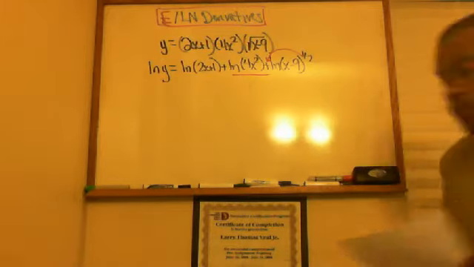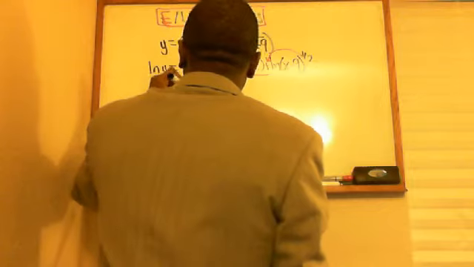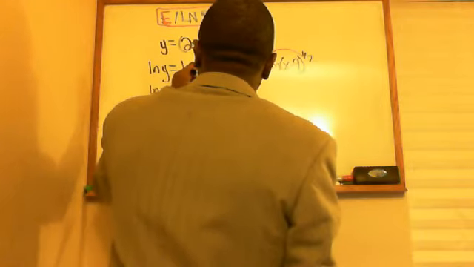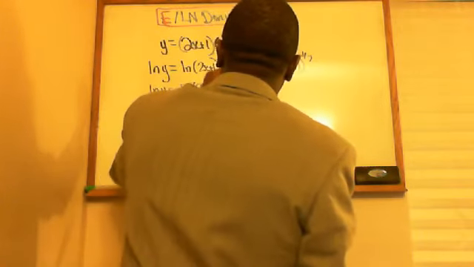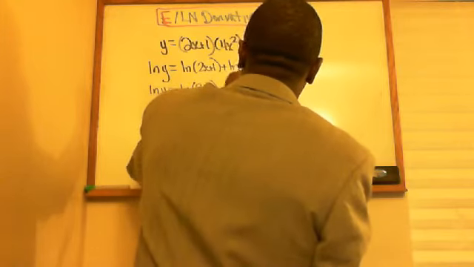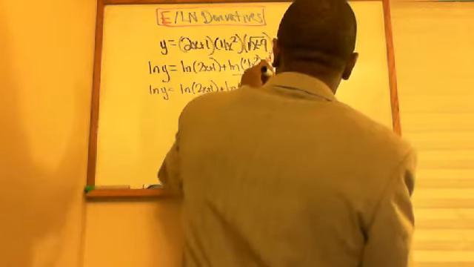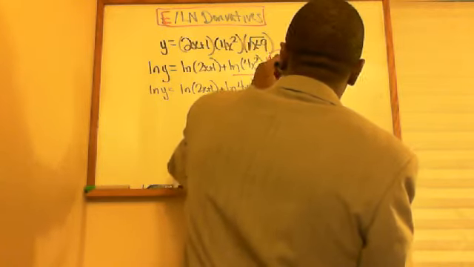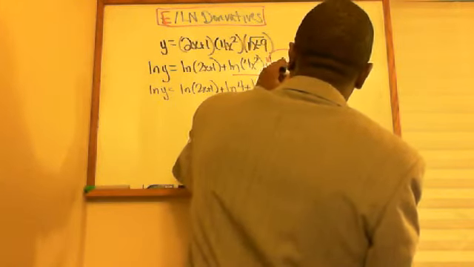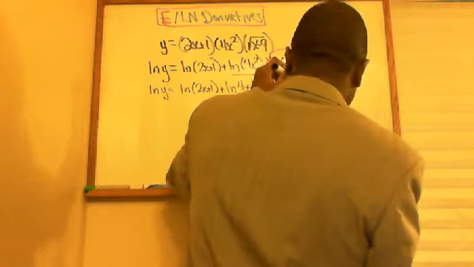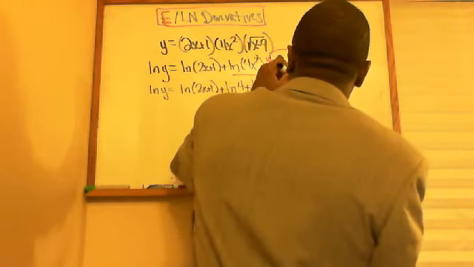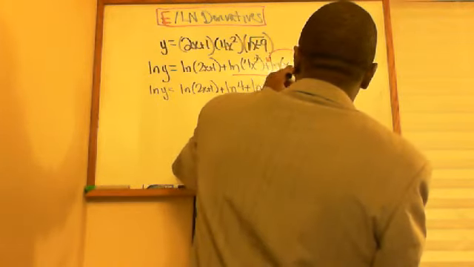So, next step is to take the natural log of y equals natural log of 2x plus 1 plus natural log of 4 plus natural log of x squared plus 1/2 natural log of x minus 9.